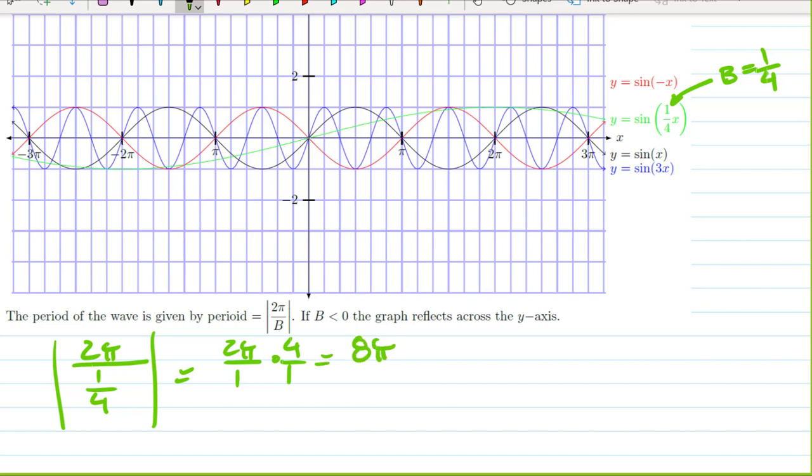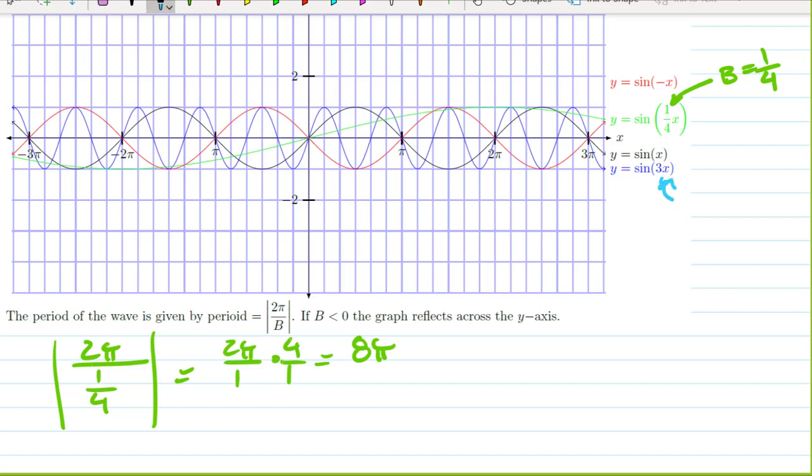That tells us the function only repeats every 8 pi units. That's why on our green graph we noticed it never actually got back to where it started. It would need to keep going, because our graph isn't 8 pi units wide. It only goes from negative 3 pi to positive 3 pi, so that's 6 pi units.